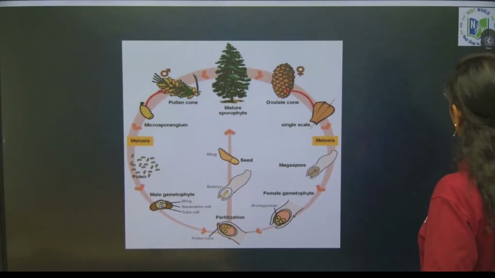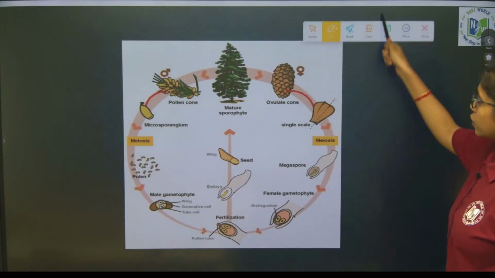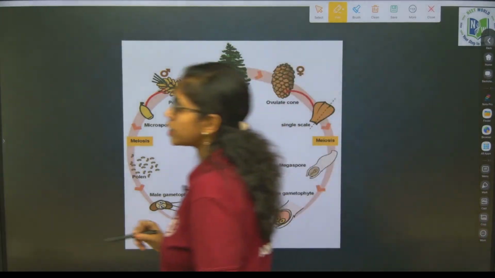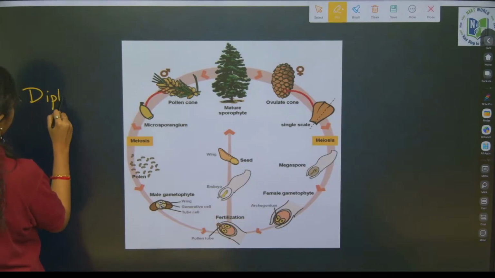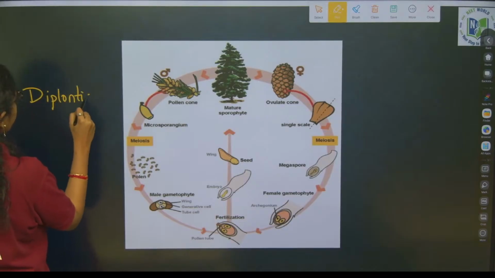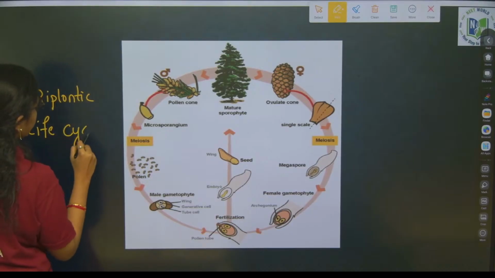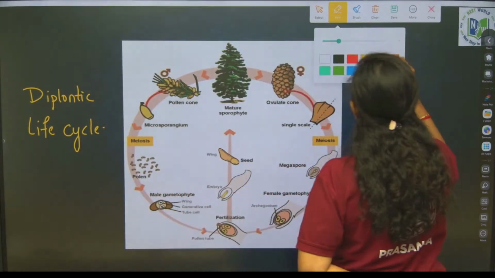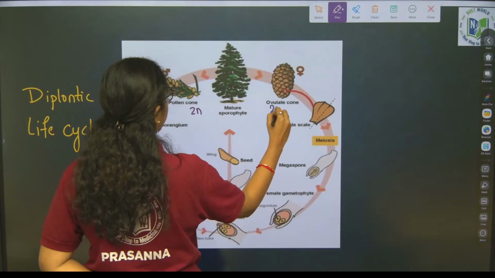Here once you recall the life cycle completely, the mature plant body is what? Sporophytic plant body, and in gymnosperms you can see what type of life cycle? Diplontic life cycle. So here in the diplontic life cycle you can see pollen cone and ovulate cone, both of them are diploid, okay.